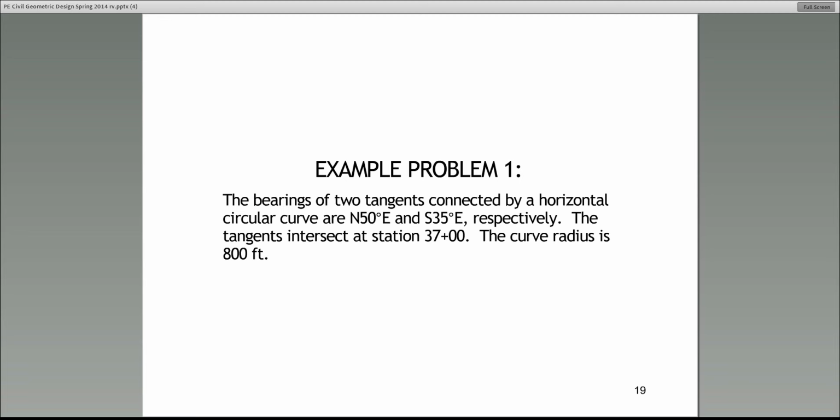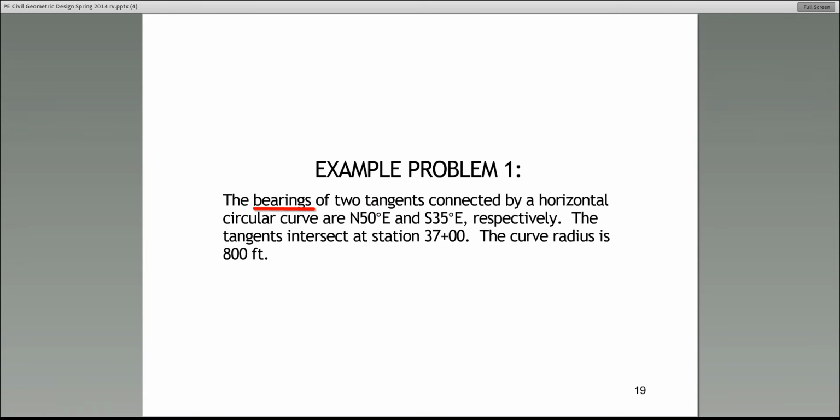The bearings of two tangents connected by a horizontal circle are north 50 degrees east.